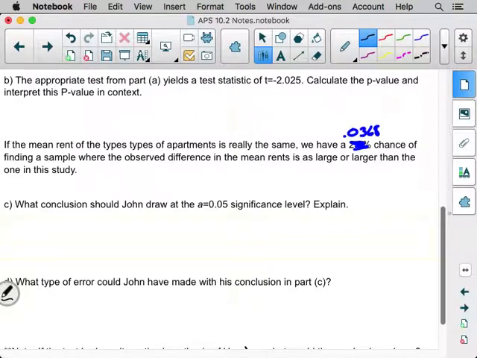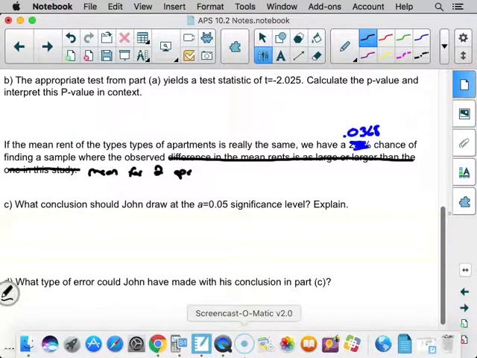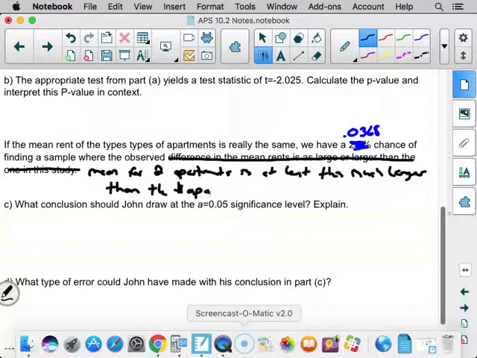And here, I'm actually going to change this phrasing a little bit. Don't worry, I'll read this.